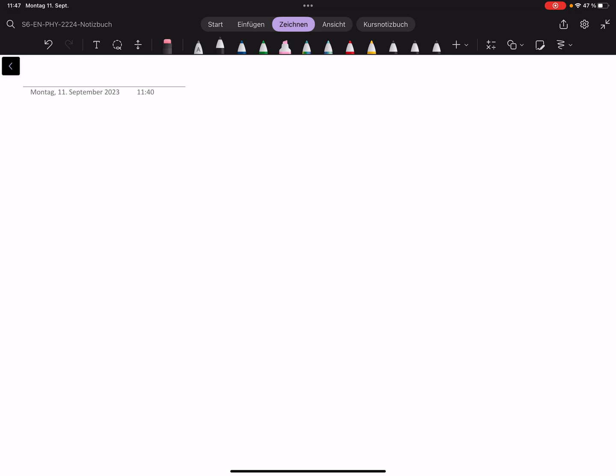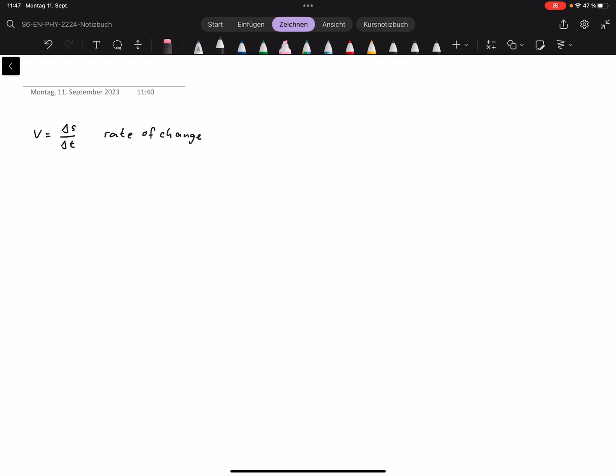So we start with a little repetition. So v is delta s by delta t, and this is a rate of change. So the velocity is the rate of change of the distance in respect of the time here.